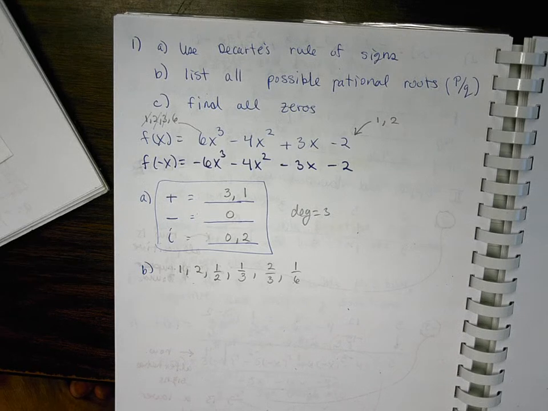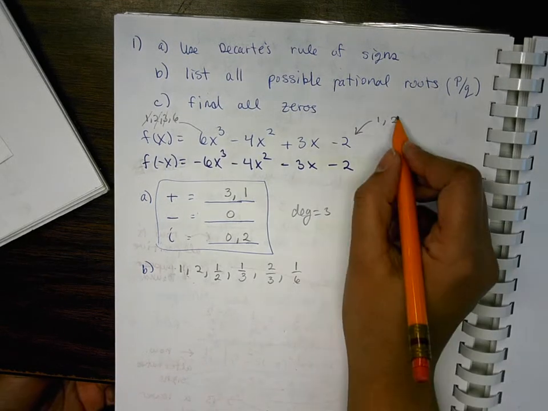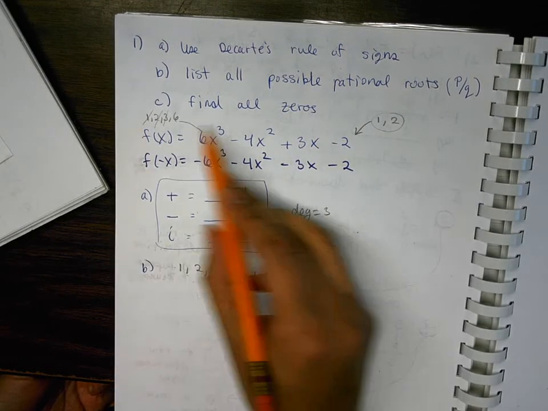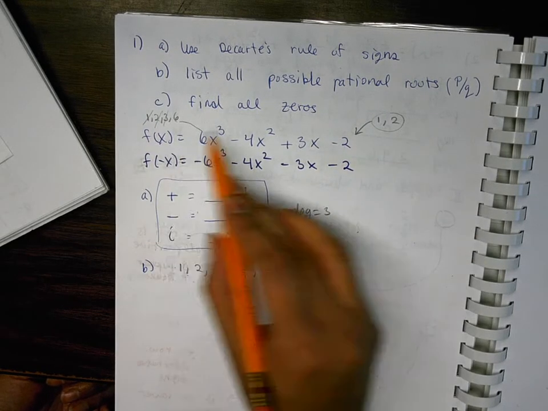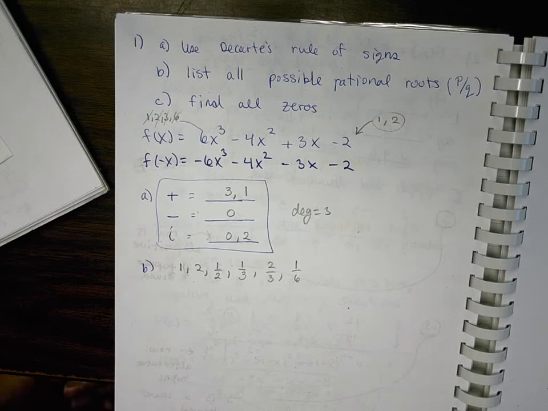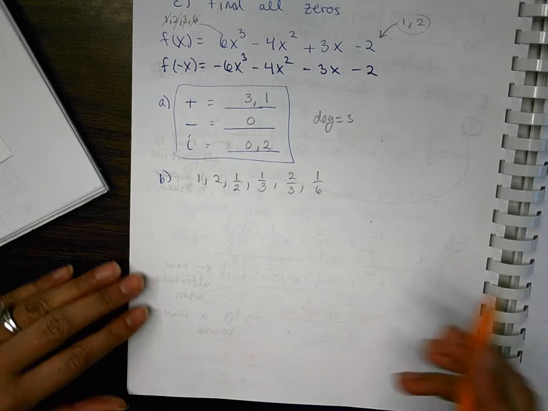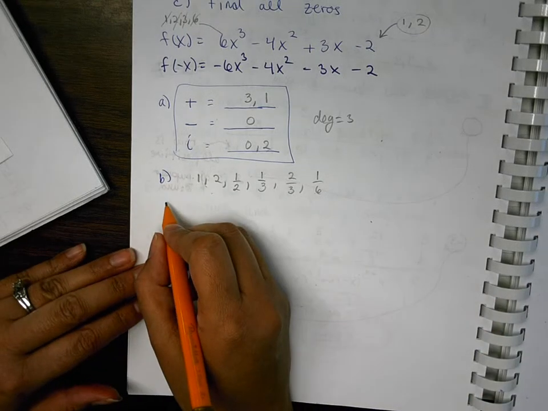Is there a question how I ended up with this list? Yes? No? We take 1 and 2 and divide it by 1, and then 1 and 2 divided by 2, and then 1 and 2 divided by 3, and then 1 and 2 divided by 6. Factors of P over the factors of Q.